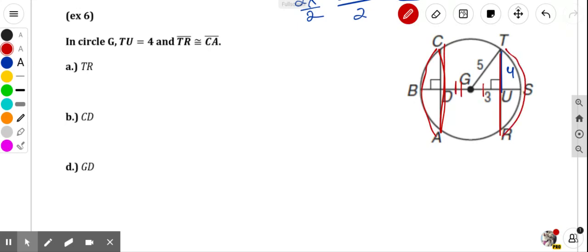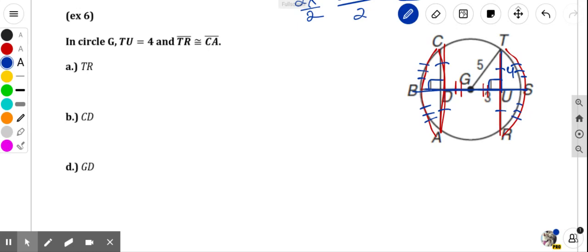That would also mean that these pieces are congruent. One other thing that we're given here is this diameter is perpendicular to the chords, intersects the chords at right angles. So remember that that means it cuts the chords in half. We don't need it in this particular example, but it also cuts the arcs in half. So this arc would be equal to this arc, which would be equal to this arc and equal to this arc. So we have a lot of things that are equal here.